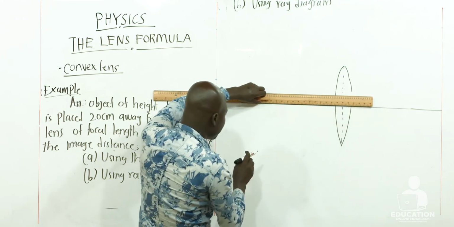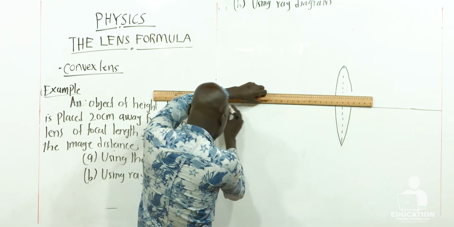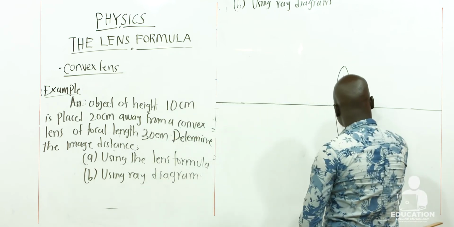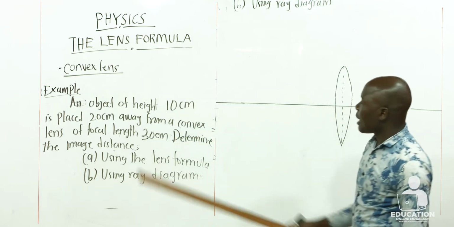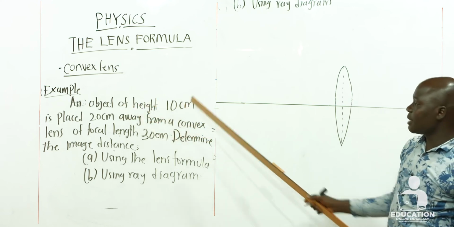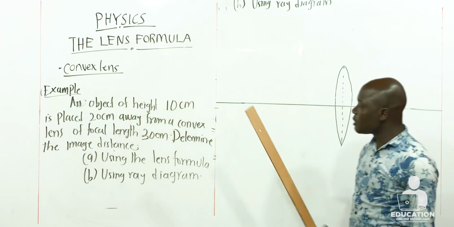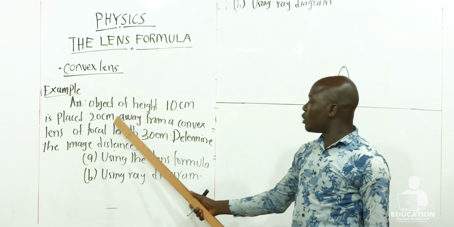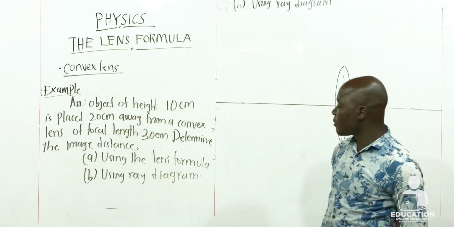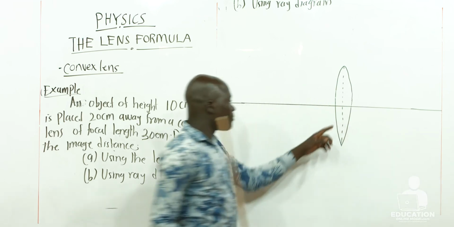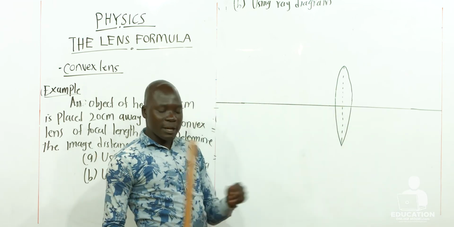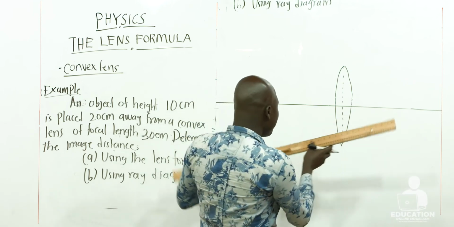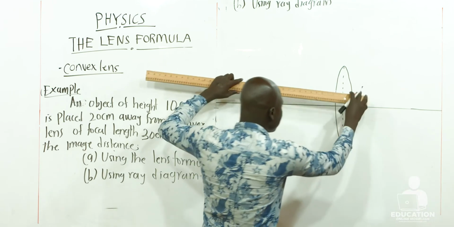Now the question says, an object of height 10 centimeters, which means this object is 10 centimeters high, which is placed 20 centimeters away from the convex lens, meaning the distance from the optical center to the object is 20 centimeters. So we are going to measure 20 centimeters.